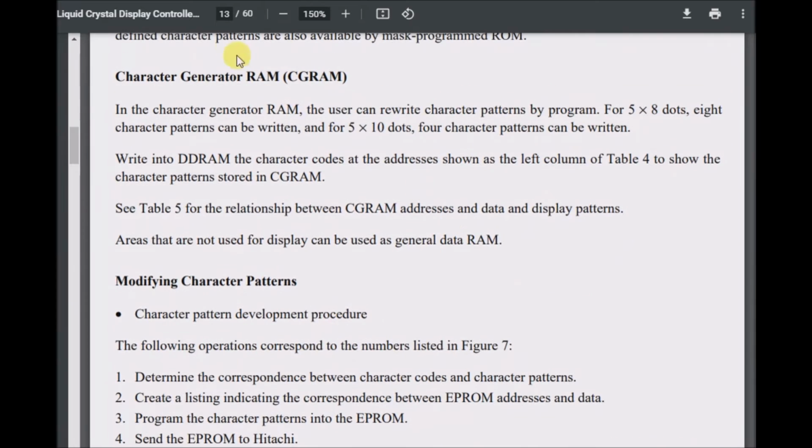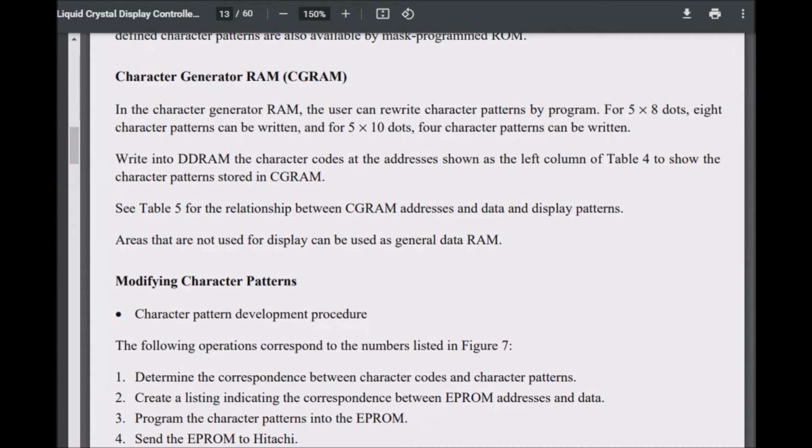Character generator RAM, CG-RAM. In the character generator RAM, the user can rewrite character patterns by program. For 5x8 dots, 8 character patterns can be written, and for 5x10 dots, 4 character patterns can be written.